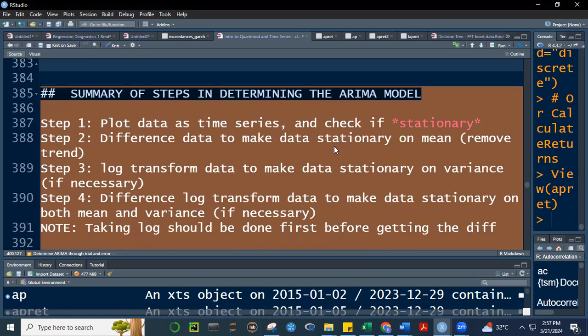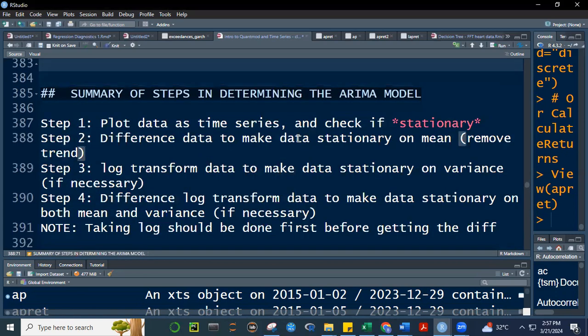All right. Step one, class, download the data, check the data, and check first if it's stationary. So we use quantmod. We downloaded Apple prices. For your case, you're going to use Philippine data. So you have to know how to download data from Refinitiv or from Excel. You're going to use Philippine data, stock prices from the Philippine Stock Exchange.